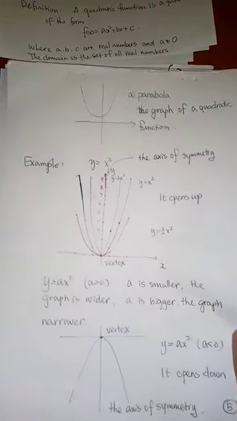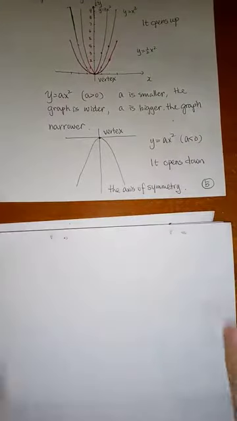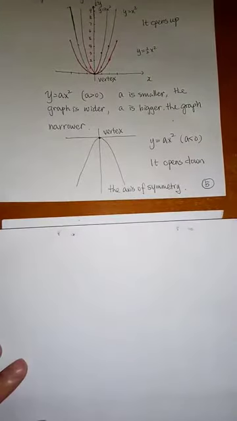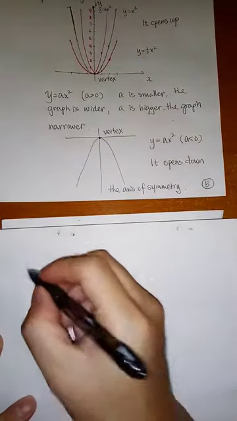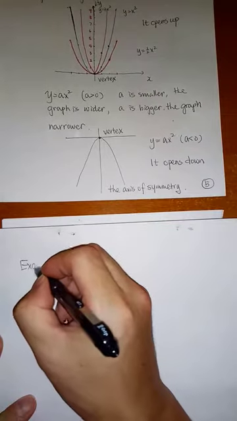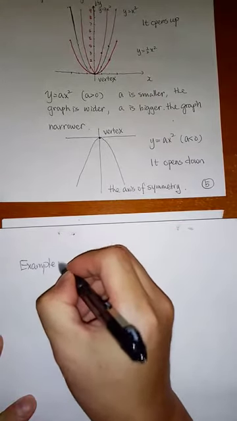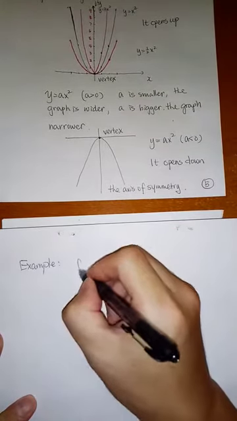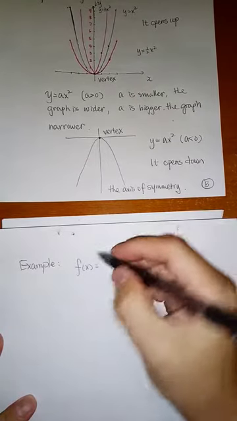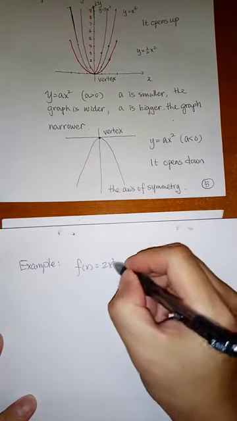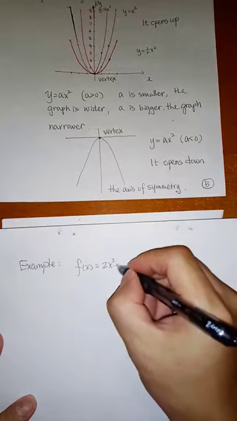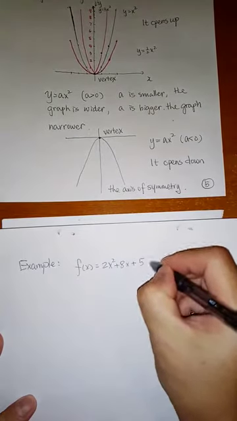Okay, so how do we sketch or determine the graph when we have b and c? When we have b and c, let's use an example first, and then we discuss the abstract formula. So assume we have f(x) equal to 2x squared plus 8x plus 5.